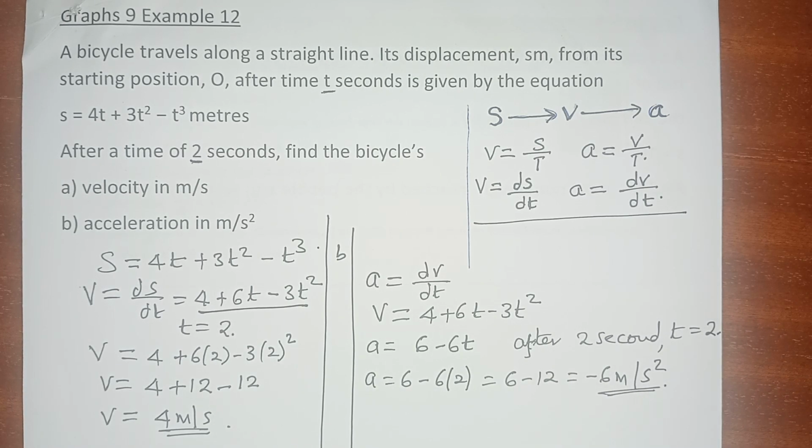Those are the units of acceleration. Negative 6, of course, you can see the speed is decreasing. So the bicycle in this case is slowing down after 2 seconds.